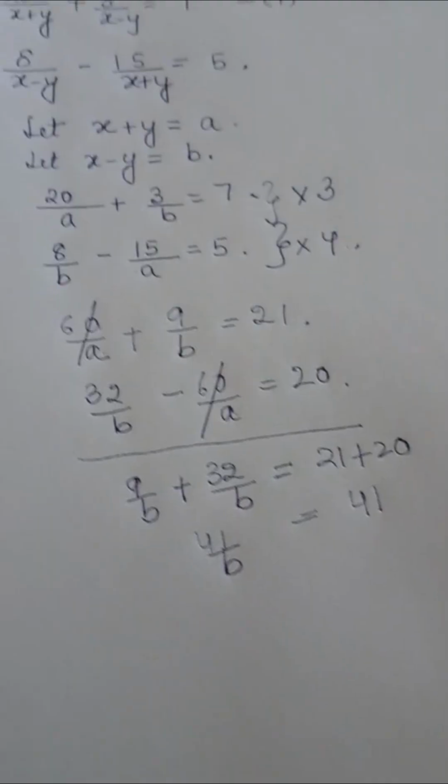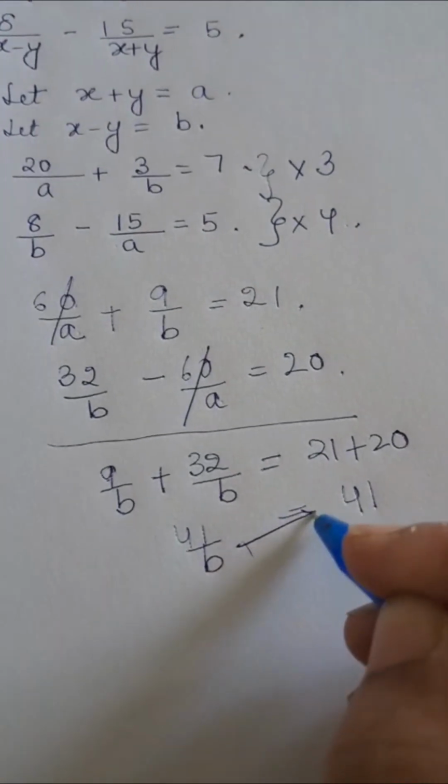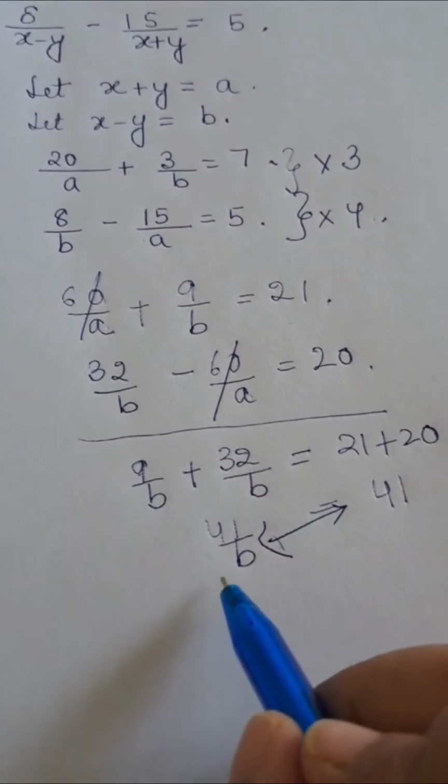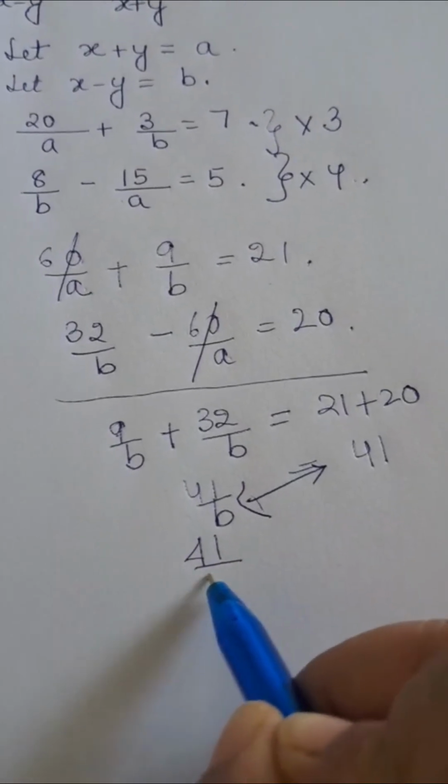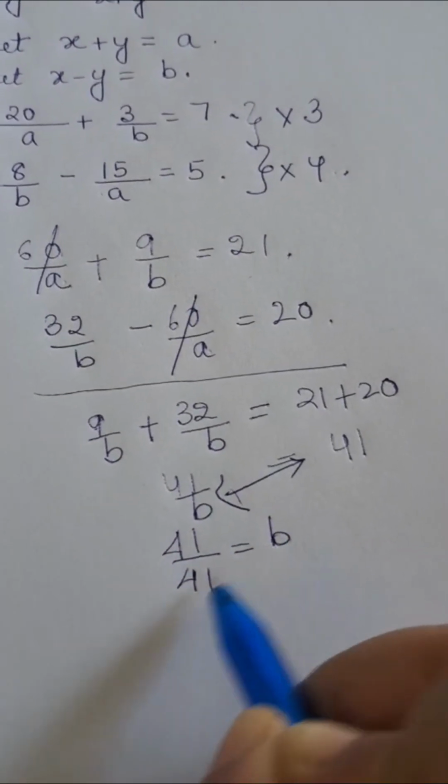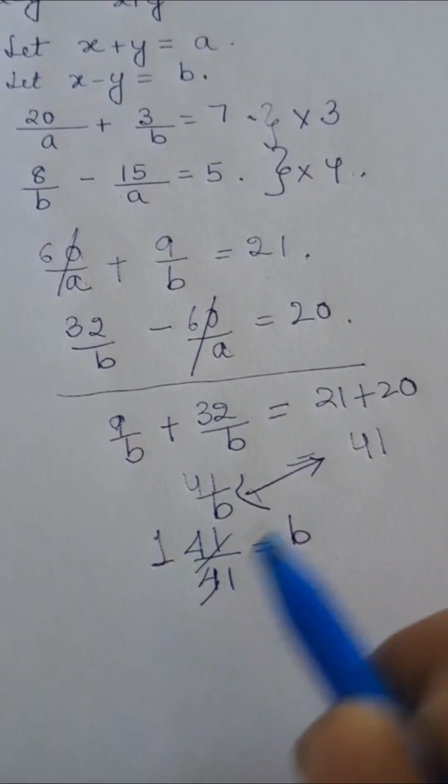So b goes here and 41 comes down. So it becomes 41 by 41 is equal to b, that is b is equal to 1.